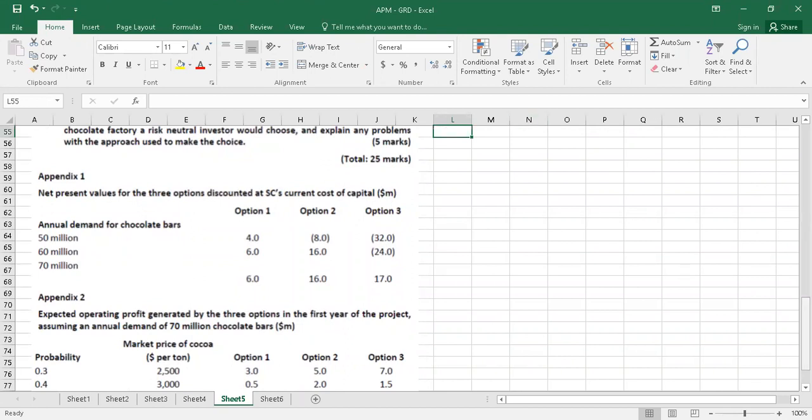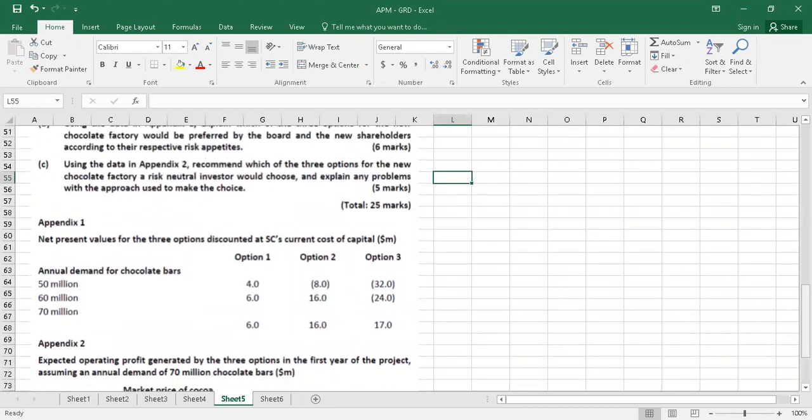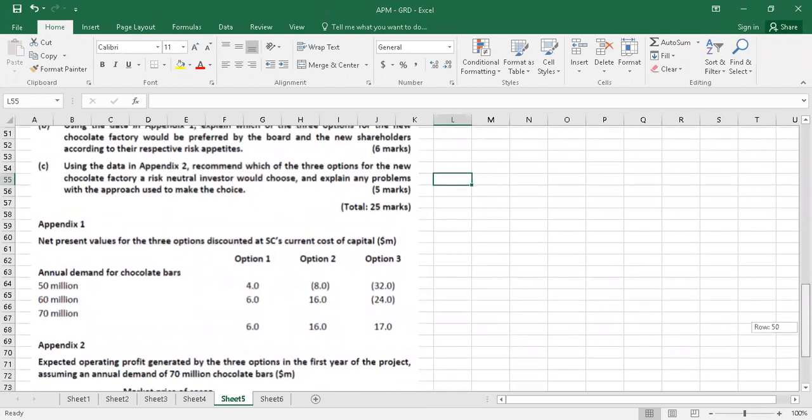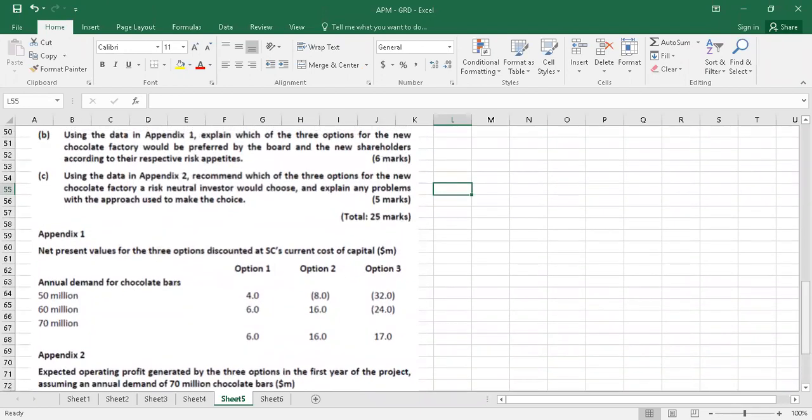The question is, explain which of the 3 options for the chocolate factory would be preferred by the board and the new shareholders according to their respective risk appetite.